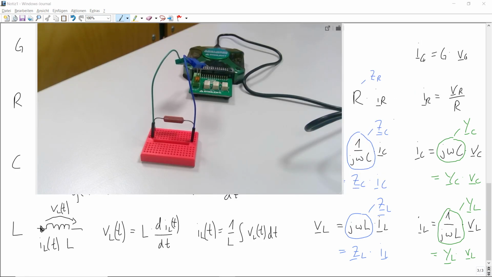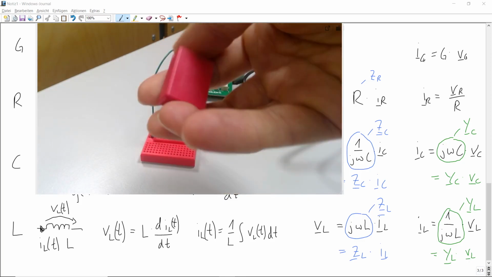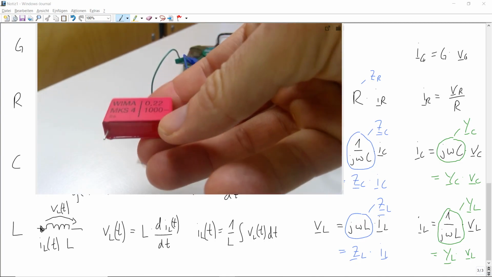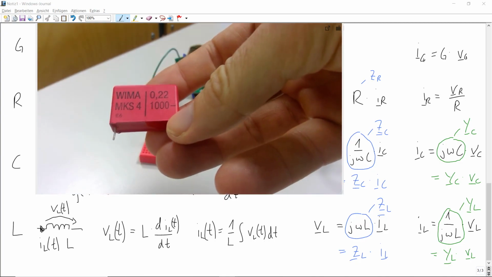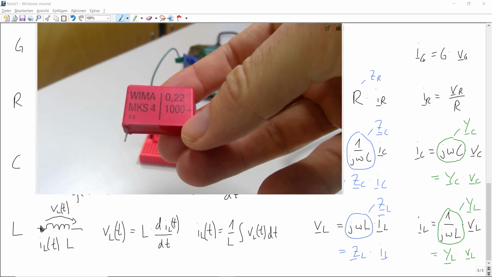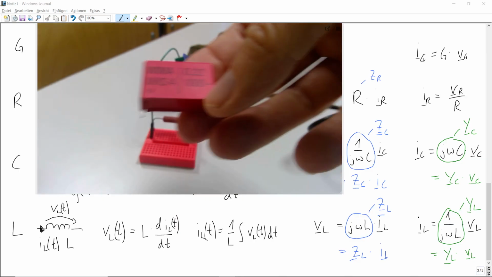Okay. So instead of a resistor, I could, of course, also replace it by some capacitor. And I have a rather large capacitor here. I think it's 0.22 microfarad, and this would work up to a voltage of 1 kilovolt.